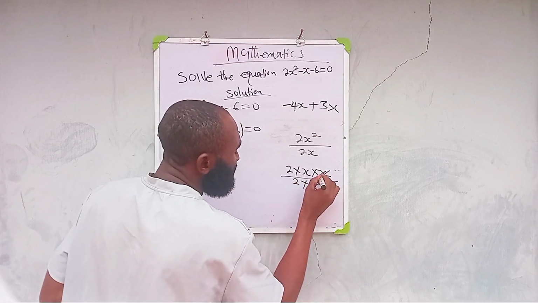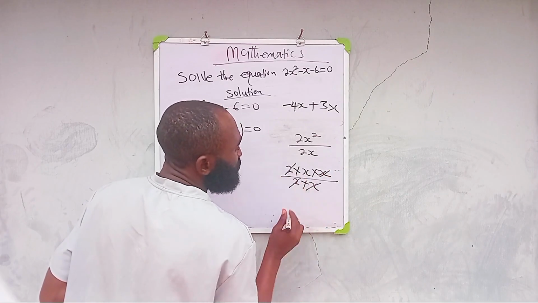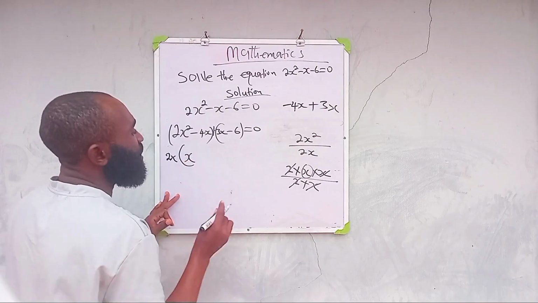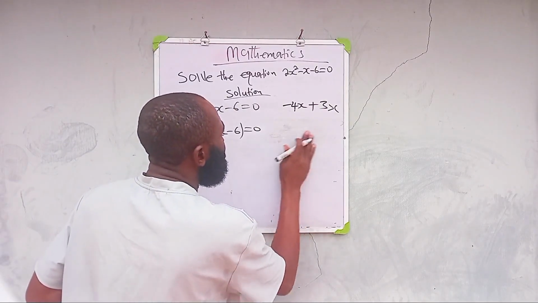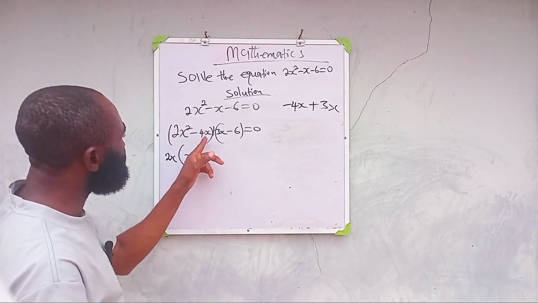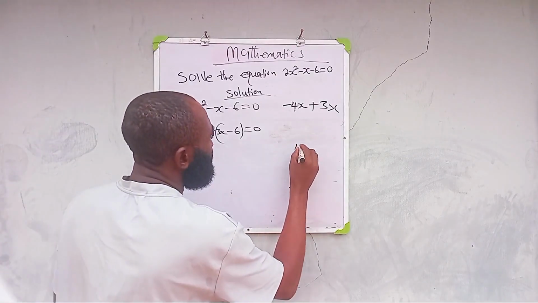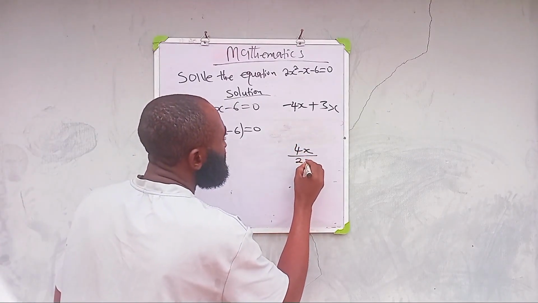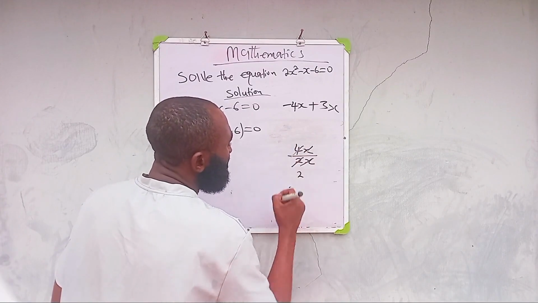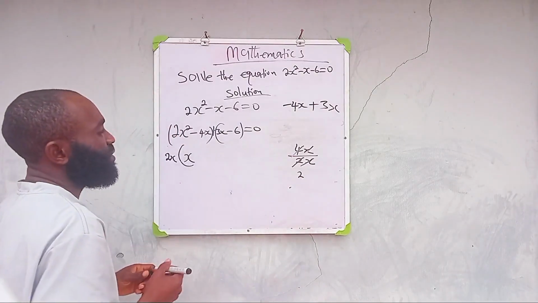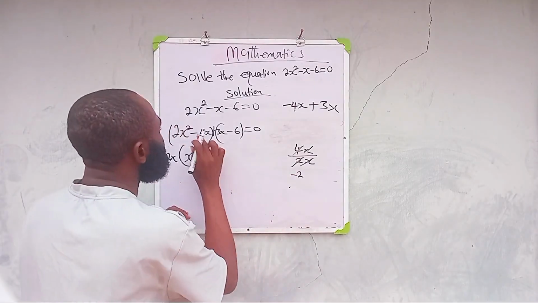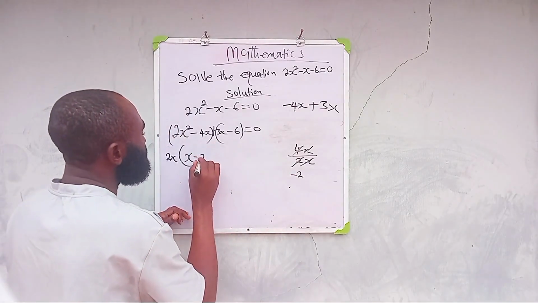The x takes care of x and the 2 takes care of 2, and we are left with x, and that is what we have here. Again, 4x divided by 2x: 2 into 4 is 2, x into x is 1, so we have 2, not just 2 but minus 2, because it is minus 4. So that will give us minus 2.